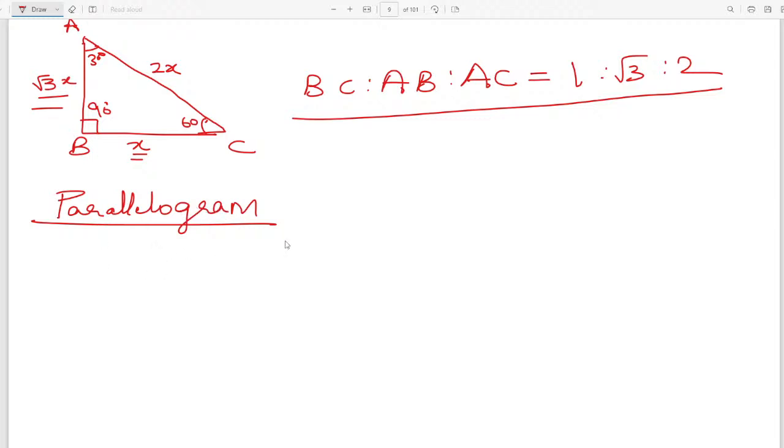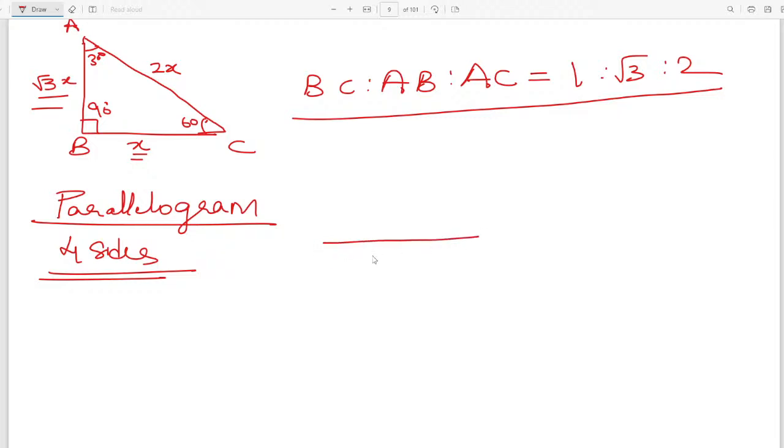See, what is a parallelogram? It is a 4 sided polygon in which two sides are parallel and equal.